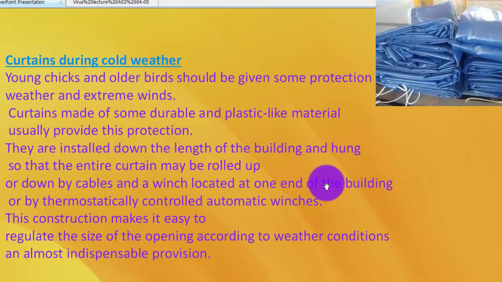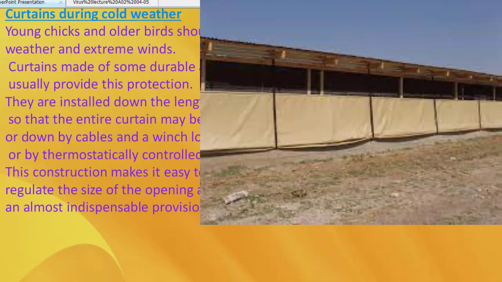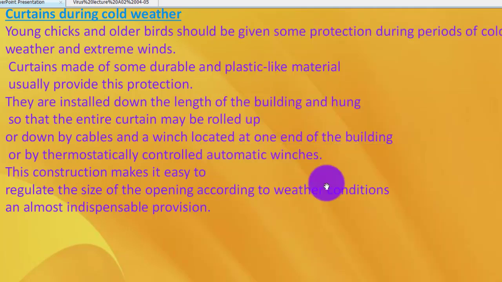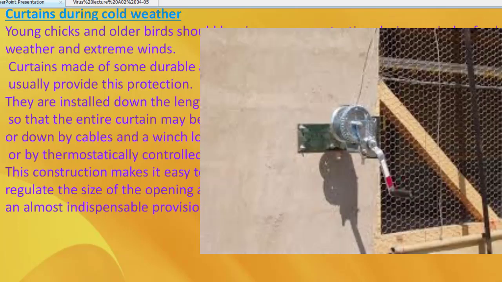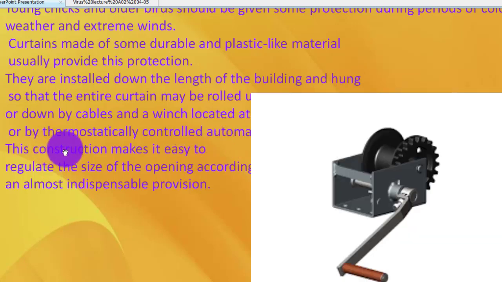Curtains during cold weather. Young chicks and older birds should be given some protection during a period of cold weather and extreme winds. Curtains made of some durable plastic-like material usually provide this protection, and they are installed down the length of the building and hung so that the entire curtain may be rolled up or down by cables and winches located at one end of the building, or by thermostatically controlled automatic winches.